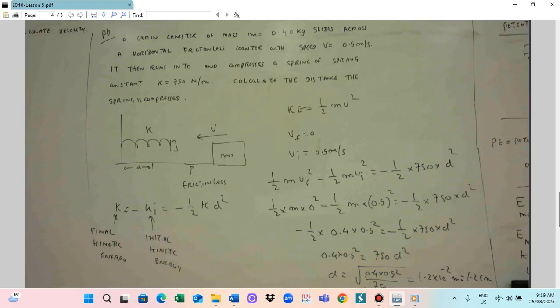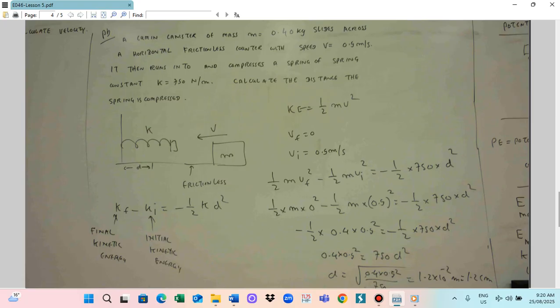So we substitute: half m Vf squared minus half m Vi squared is equal to minus half, and the spring constant is 750 Newton per meter. We don't know D, so we have to calculate it.